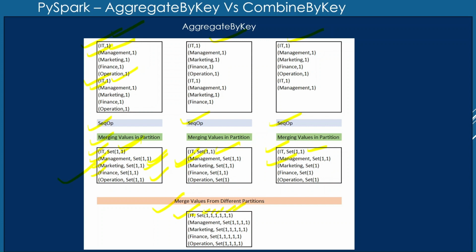So here it is merging the data from the different partitions, and hence the data shuffling process is going to take place. It is the same merging for management, marketing, finance, and operations. So now we have understood better how the aggregate by key function generally works in PySpark.